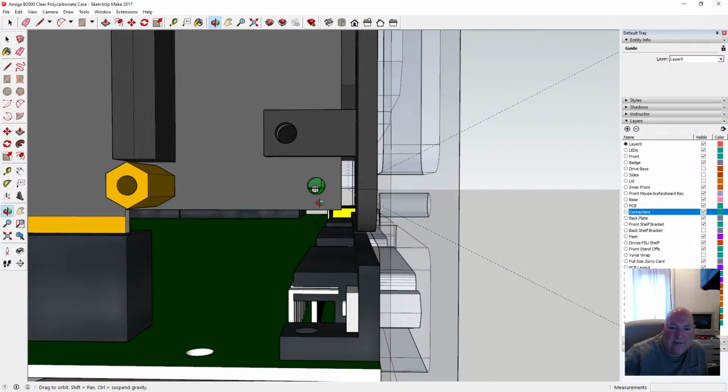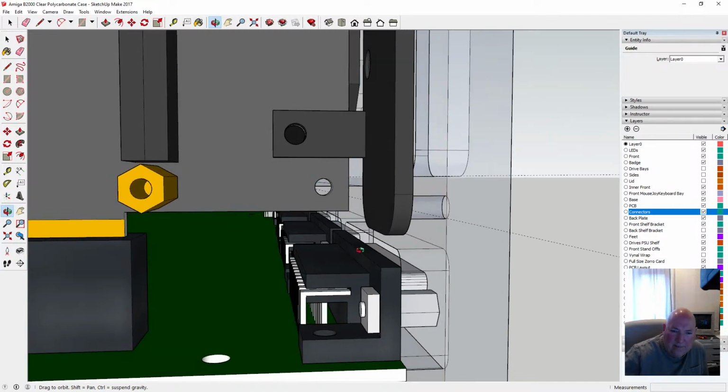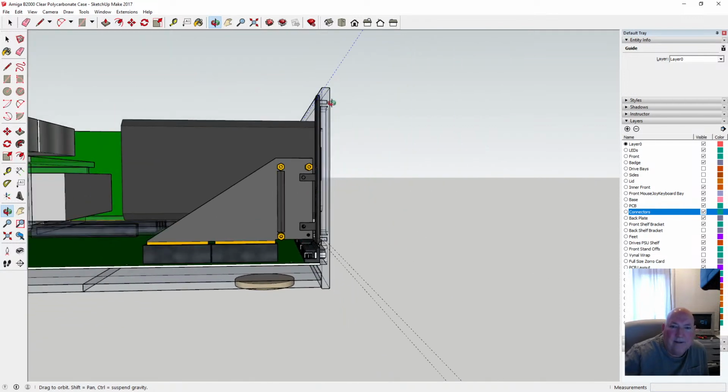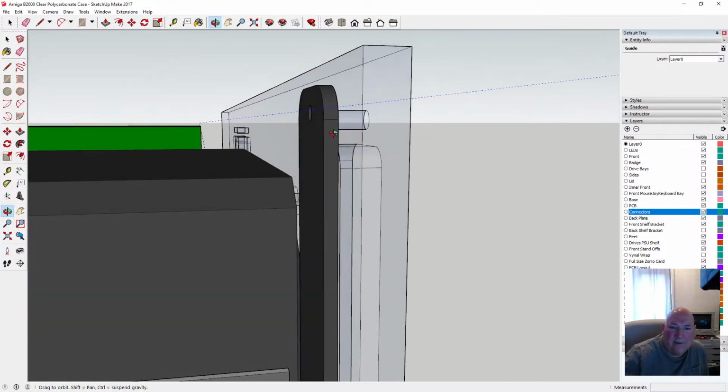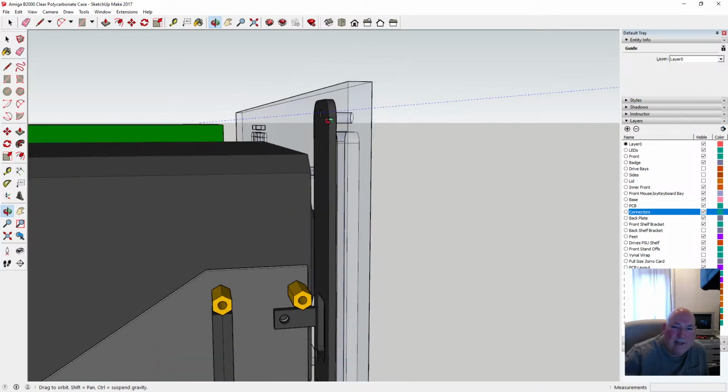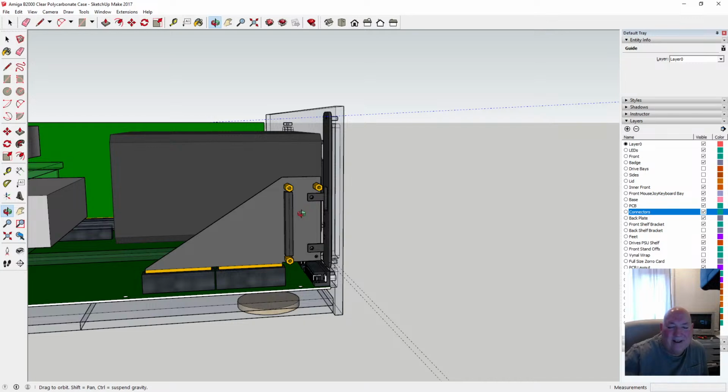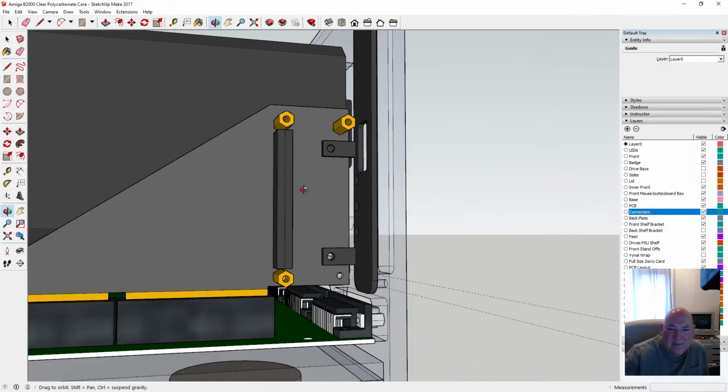So we're sticking out down here. So if we could go up 0.5mm, that's going to do what to make it worse? Yeah, make it worse. We're not after making it worse, we want to make it better.